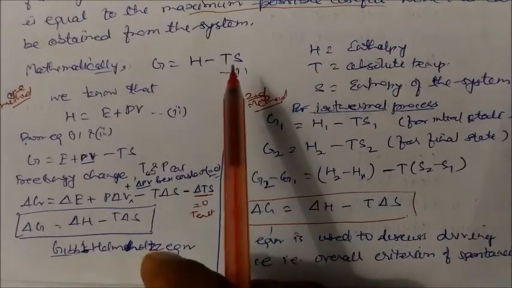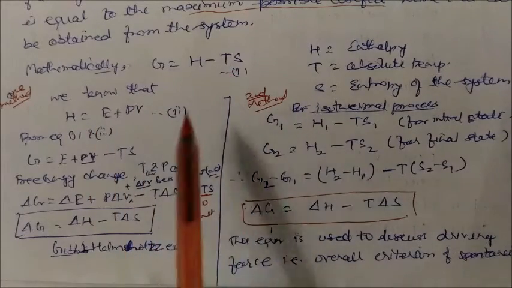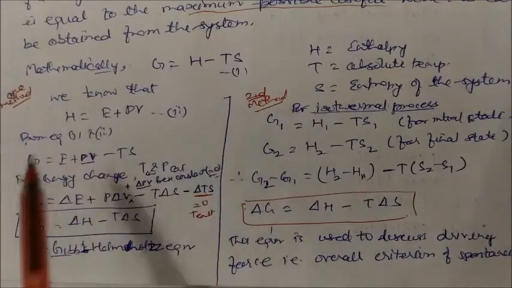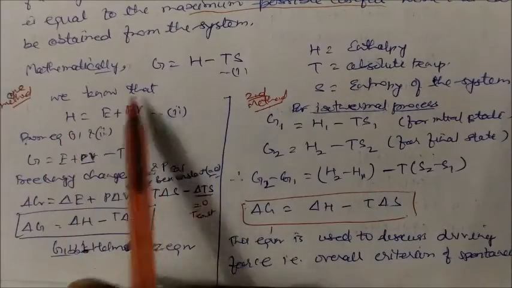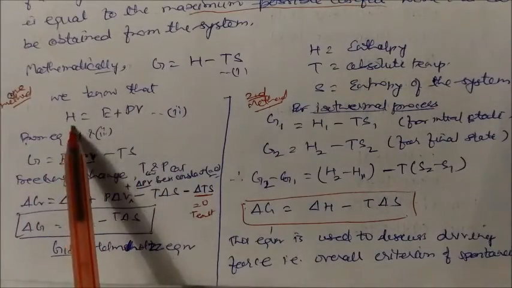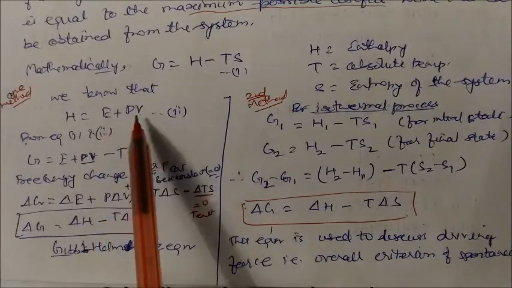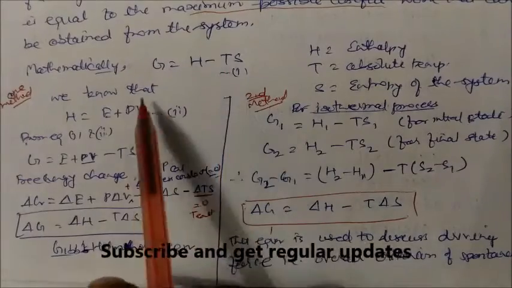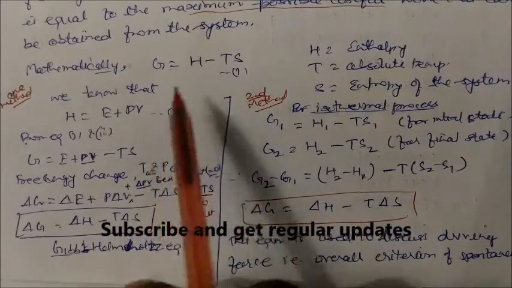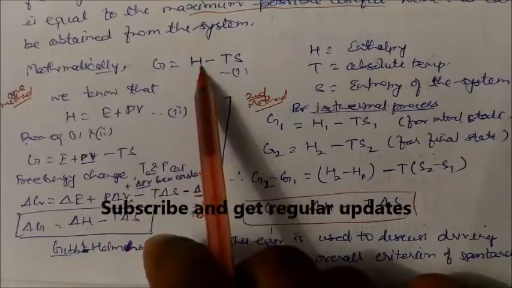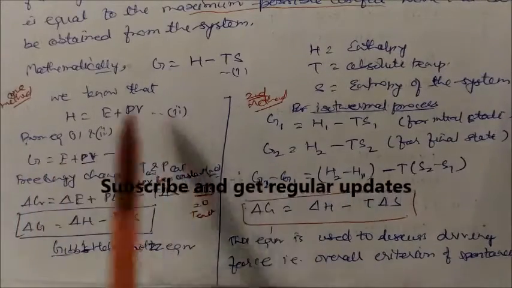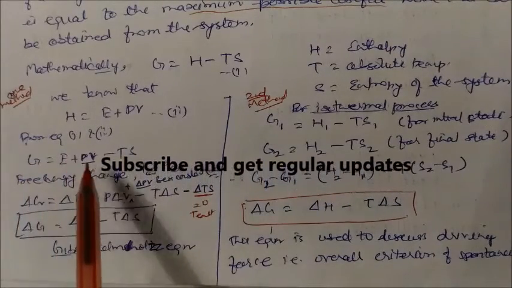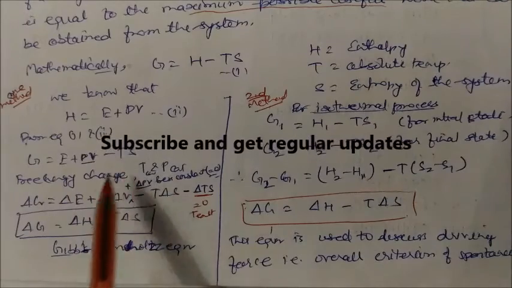This equation can be derived by different methods. We'll discuss two methods. The first method is from the thermodynamic law H equals E plus PV. This is equation 1, and G equals H minus TS is equation 2. If we put the value of H, E plus PV, from equations 1 and 2 we can write G equals E plus PV minus TS.